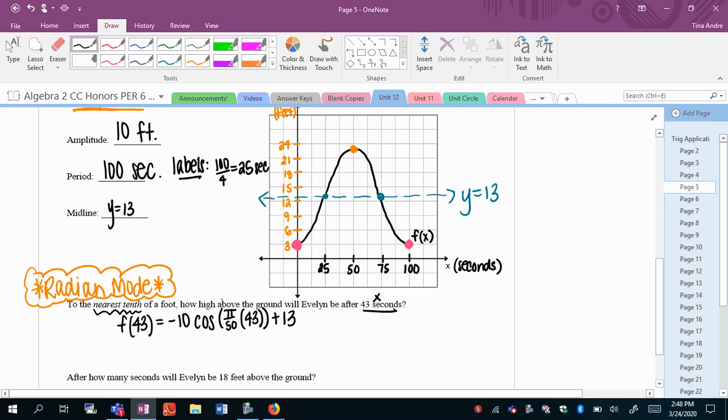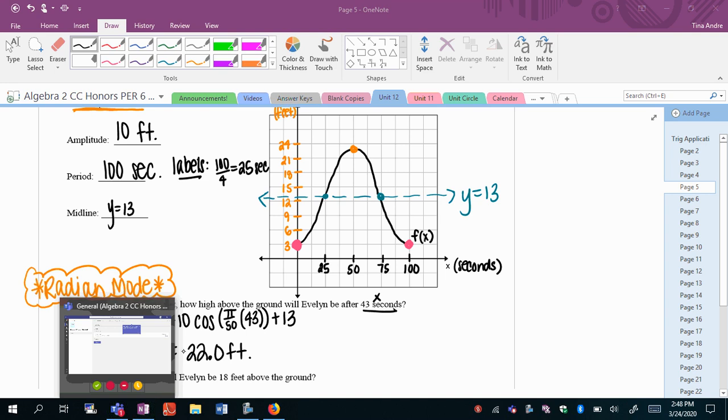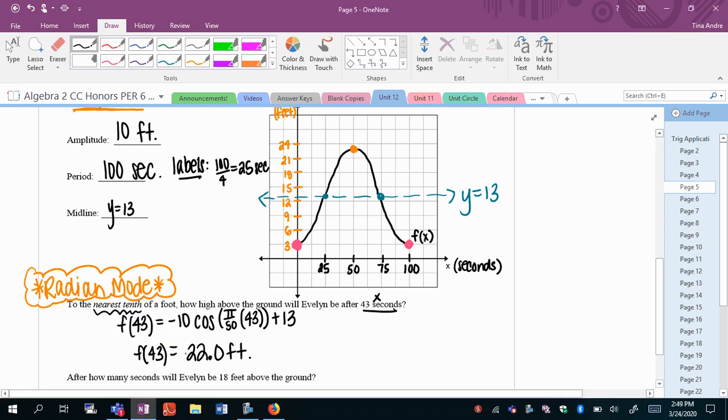So you have to be in radian mode, otherwise you will not get the same answer as me. So I type all of that in, and when I round to the nearest tenth, I end up with 22.0. And this is feet because this gives us a y value, so that gives us a height. So that is it for that.